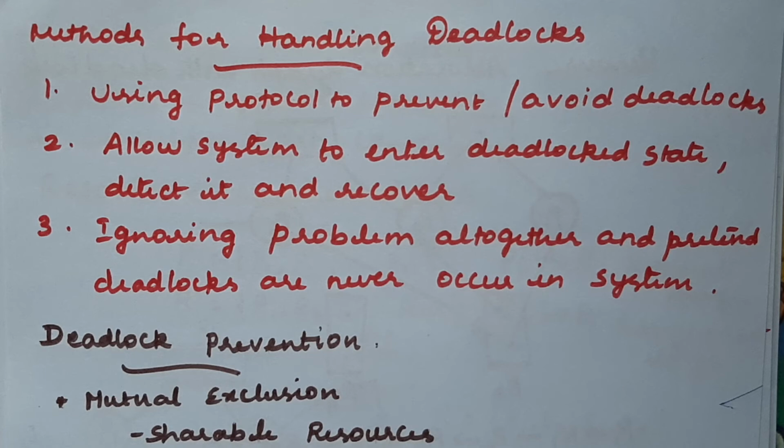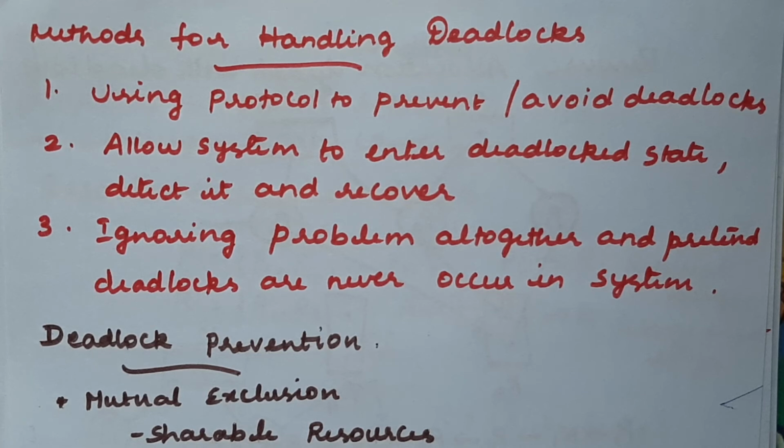If you follow the first method, what are the difficulties we actually face in each method? In the first, we follow algorithms to prevent as well as avoid the deadlock. But if you are using algorithms to avoid the deadlock, we need some additional information.